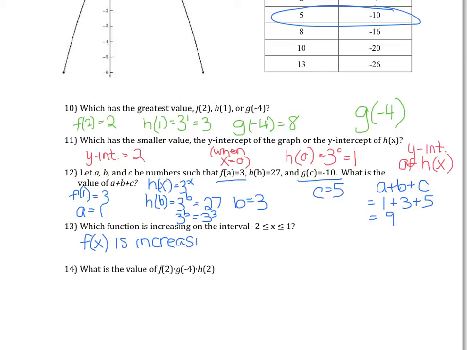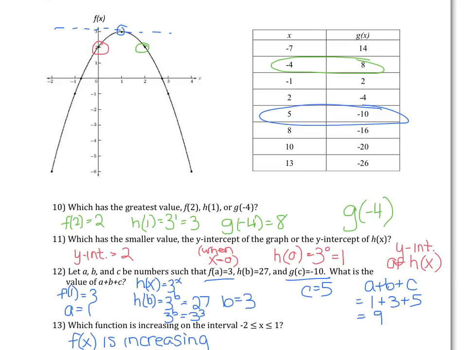But I want to look at all of them because there might be more than one. For g of x, between negative 2 and 1, I'm going from 8 to 2 to negative 4. It's very clearly decreasing, so g of x will not work. It is not increasing.